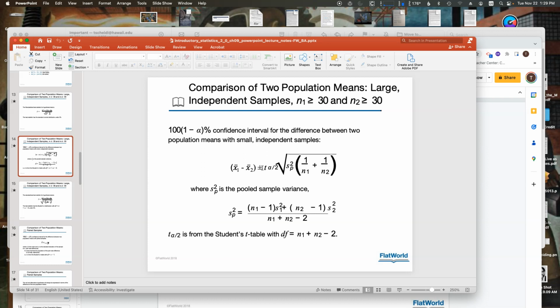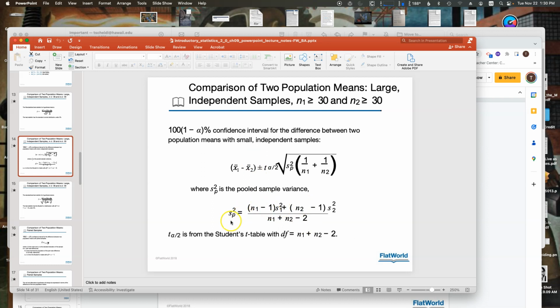The t statistic allows us to deal with that smaller independent sample. So with a t statistic, we do need to deal with the degrees of freedom. Remember that that's going to be n minus 1.